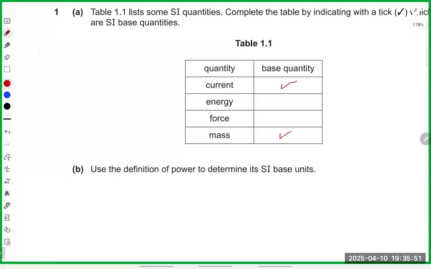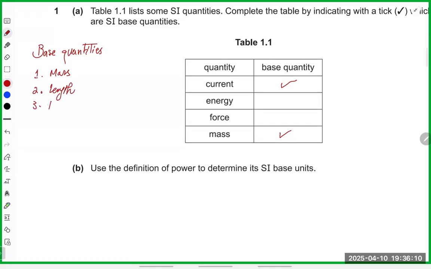For example, base quantities. There are seven base quantities. Number one, mass. Two, length. Three, time. Four, current.